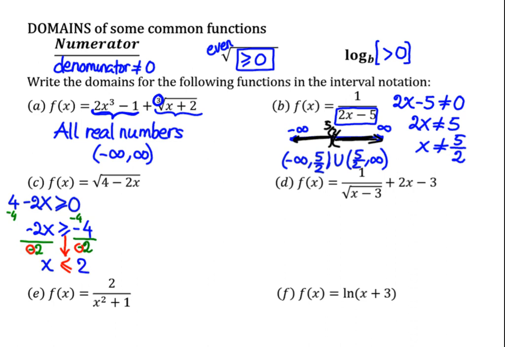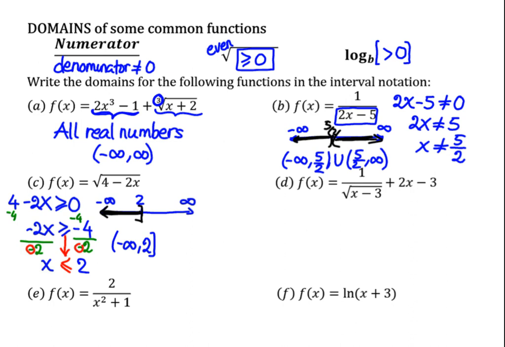So if we draw that on the number line, let's say 2 is here, it's going to be less than or equal to 2. Or in interval notation, negative infinity to 2. Right, next.